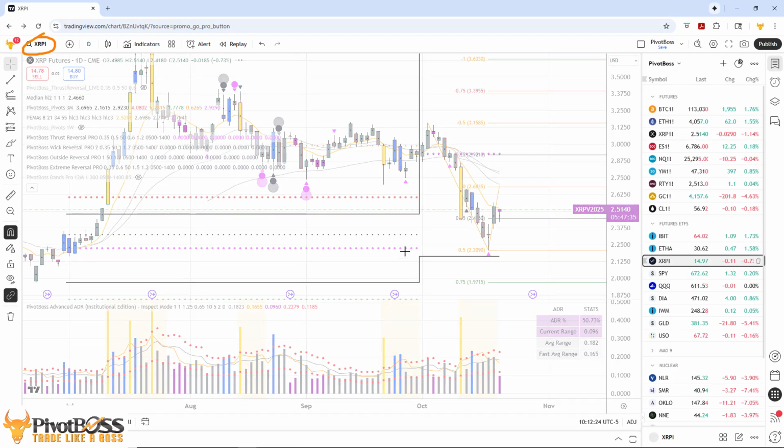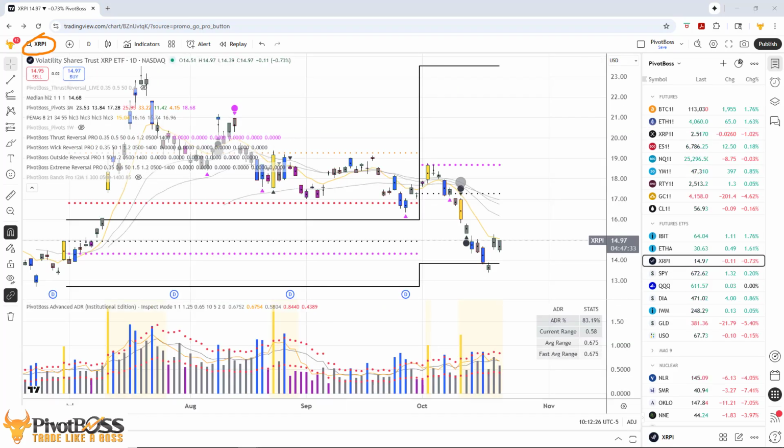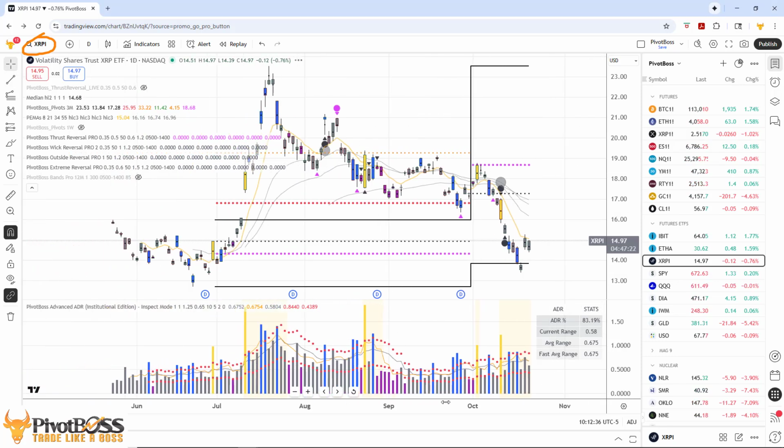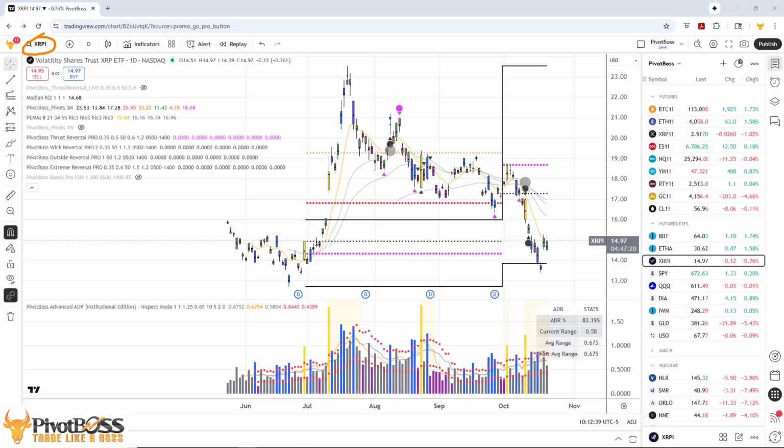So here, let's look at XRPI. And XRPI is one of the ETFs. I know there's multiple. I was trying to find if, I don't think there's an iShares version. If somebody sees an iShares version, let me know.